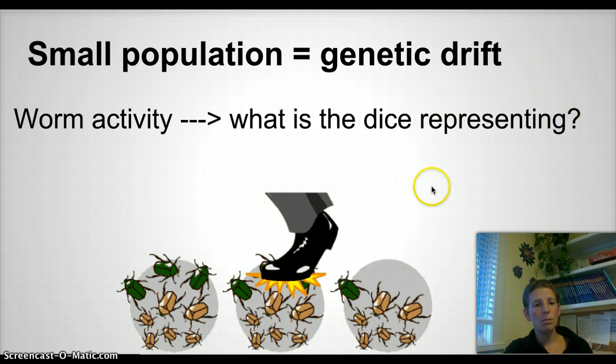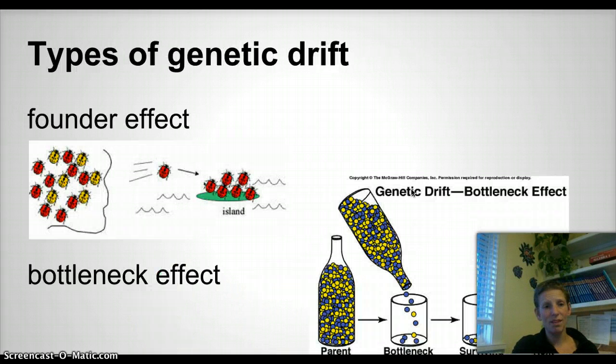In the worm activity, the chance event that we talked about was the dice roll. So depending on what dice roll we had, the worms in our activity would pass on their genes to the next generation or not. Just a reminder, you will need to know for the quiz the 2 types of genetic drift that we learned about.